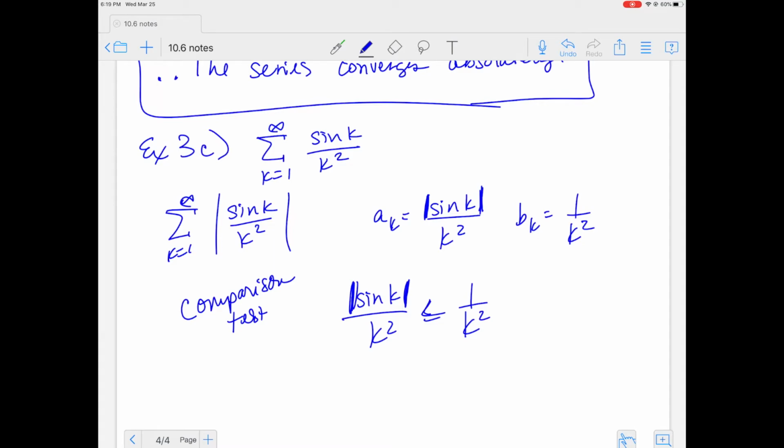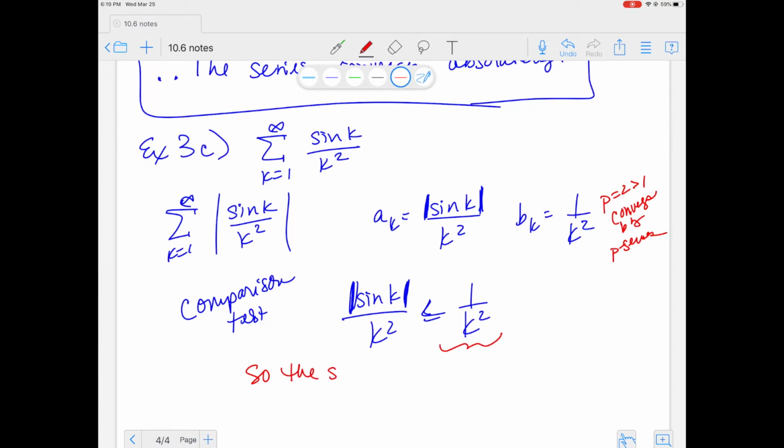What happens with my direct comparison test when I see that p is equal to 2, so this converges by the P series? What happens when my comparison here, this B sub k, is bigger? Because it's bigger and it converges, therefore I know my original also converges, right? So absolute convergence implies convergence.